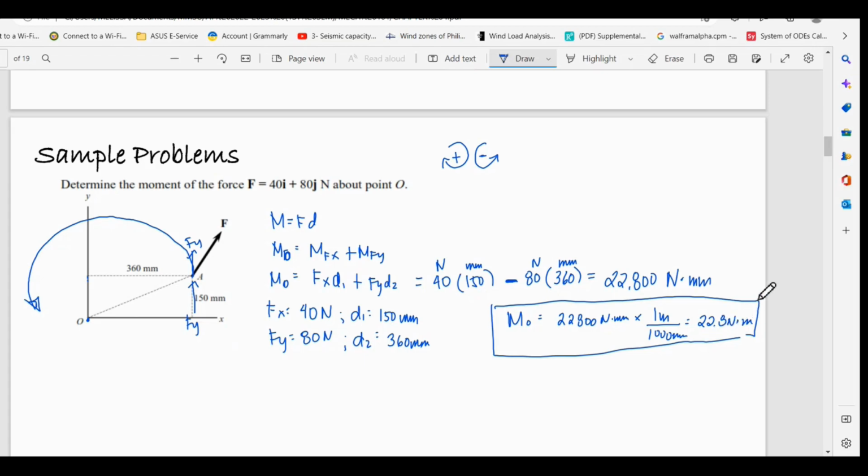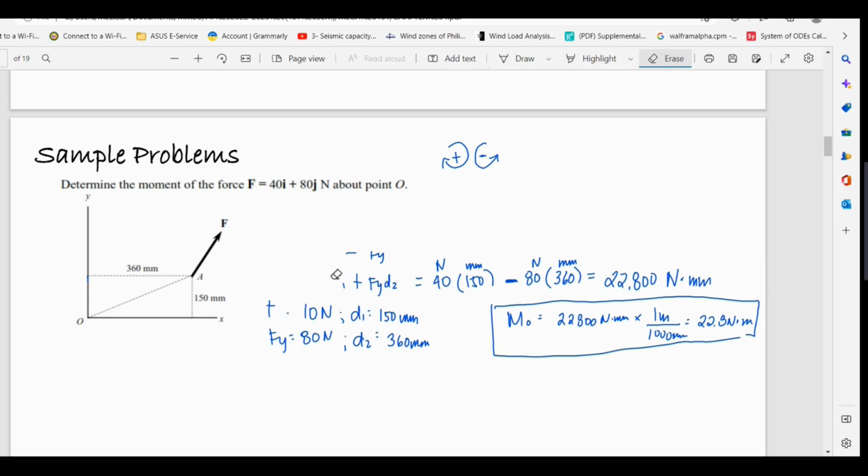Okay? This is the first solution. Meron din tayong second solution for this one. Present natin yung second solution. So there are many ways in computing for the moment of a certain force to the moment center.